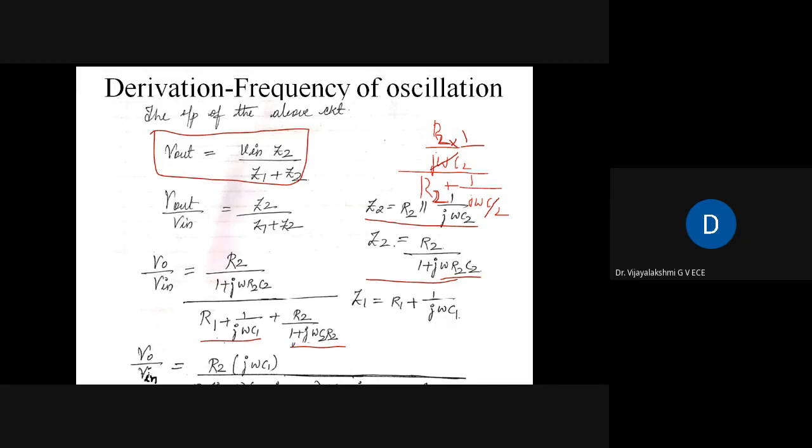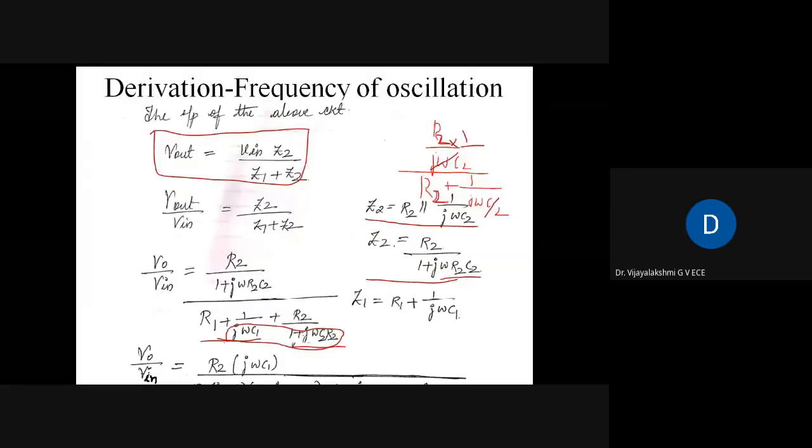Now if I take this as LCM, I get R1 into j omega C1 into 1 plus j omega C2 R2, plus 1 into j omega C1, and in the LCM j omega C1 will get cancelled, right?